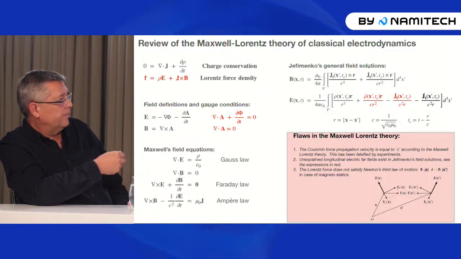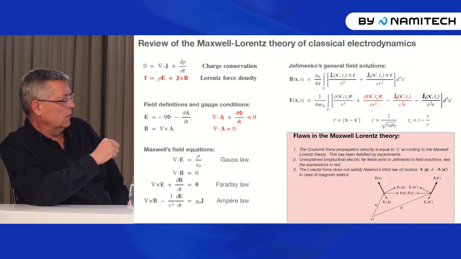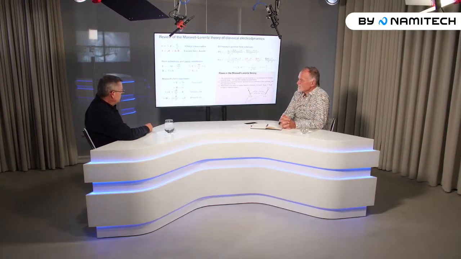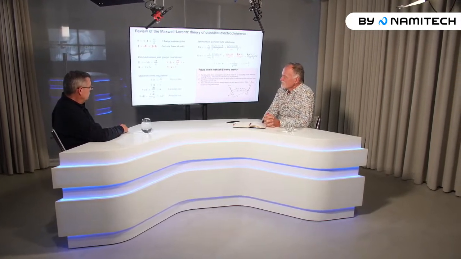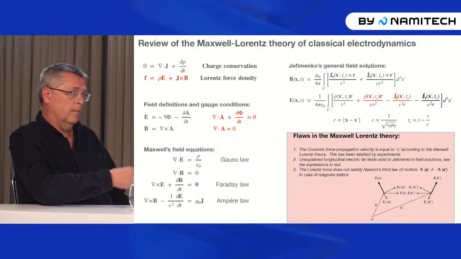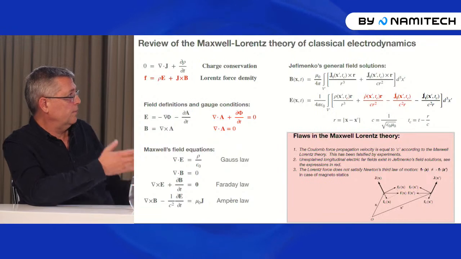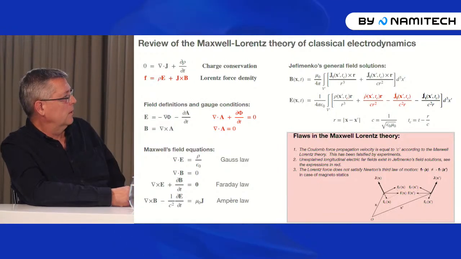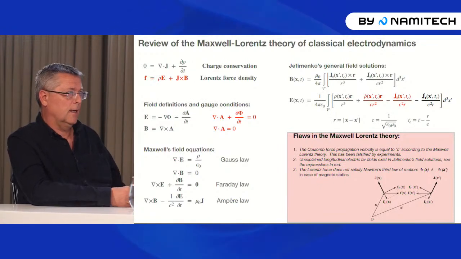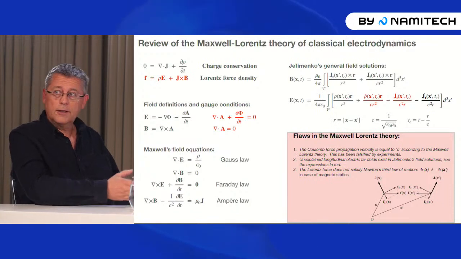And a third flaw is that the Lorentz force law, and also the Grassmann force law, is in disagreement with Newton's third law of motion, which is violated by the Lorentz force law, as also indicated by Dr. Assis. So we have a couple of flaws. We have to fix that, actually. So in the next slide, please.